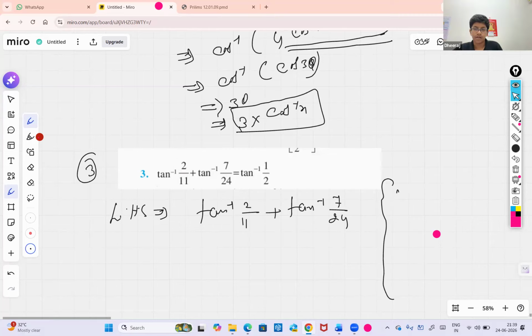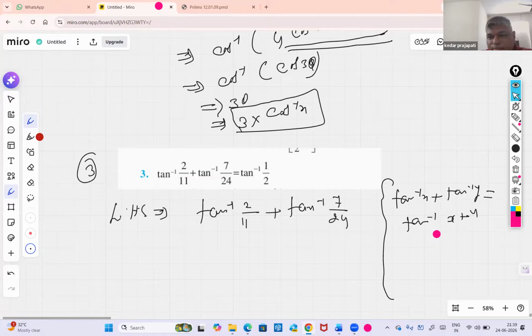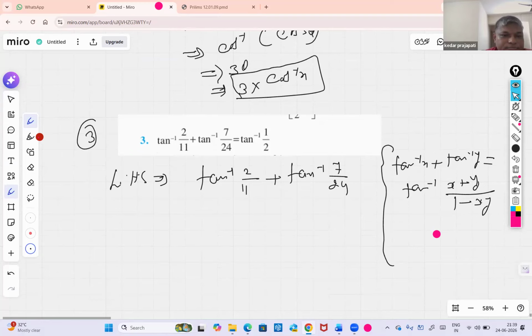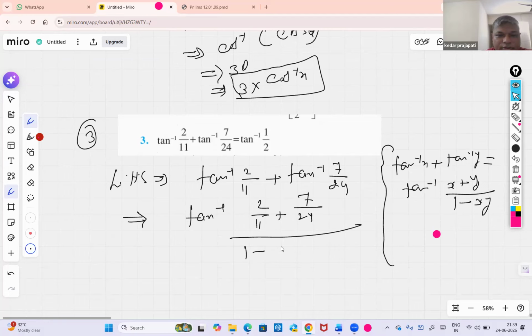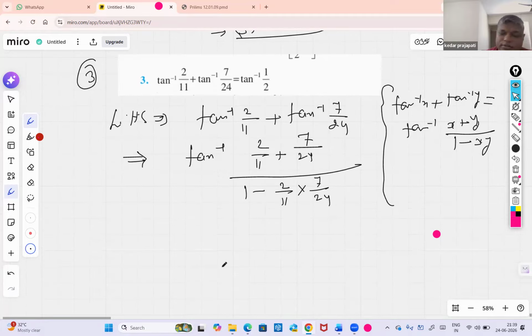Tan inverse x plus tan inverse y equals tan inverse of x plus y divided by 1 minus xy. So tan inverse of 2 by 11 plus 7 by 24, divided by 1 minus 2 by 11 into 7 by 24.